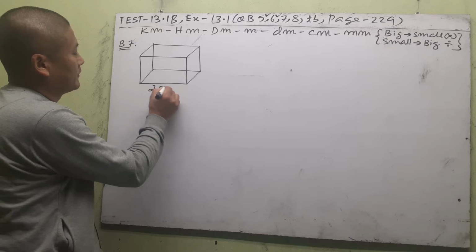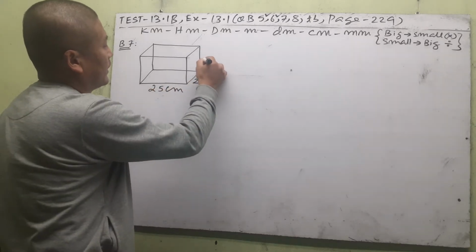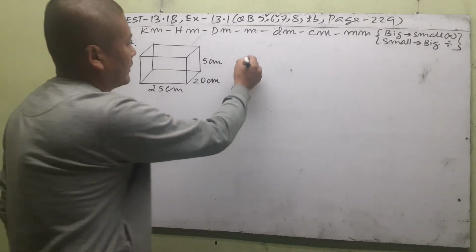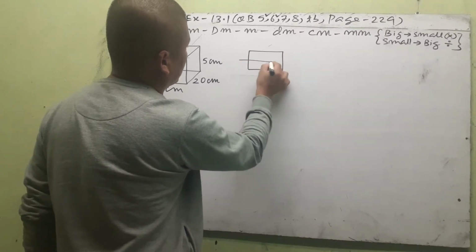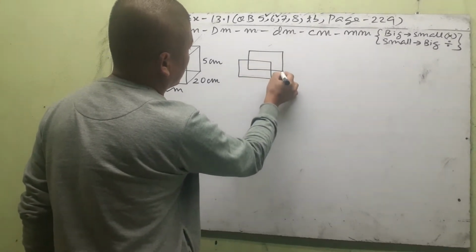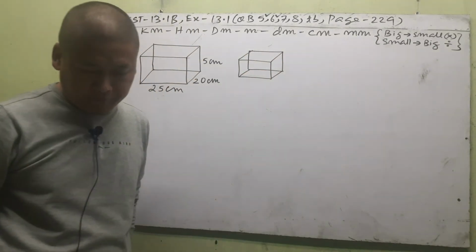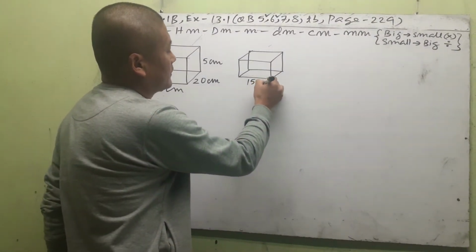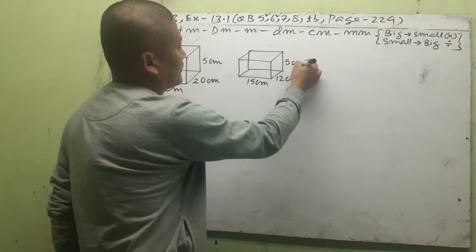Length 25 centimeter, breadth 20 centimeter, and the height 5 centimeter. And then there is a smaller box. Let us suppose this is the smaller box, and the dimension of the smaller box is 15 into 12 into 5. So 15 centimeter into 12 centimeter into 5 centimeter.